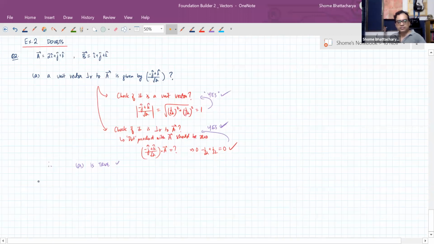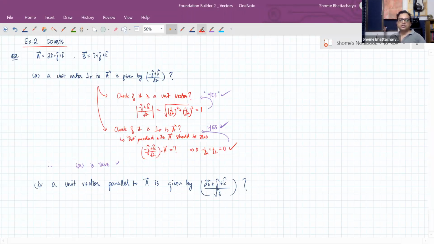So for example, statement B is saying that a unit vector parallel to A is given by this. We need to check this.